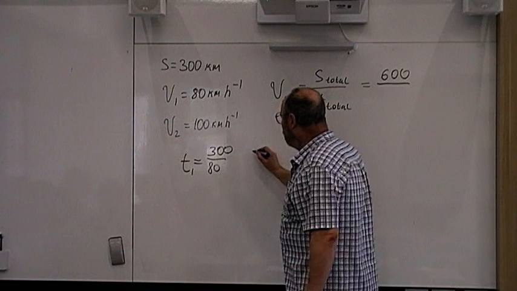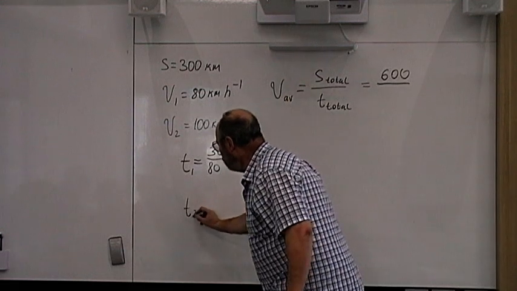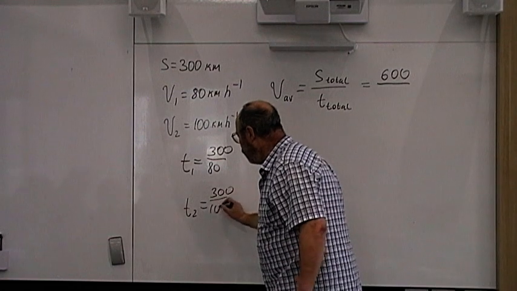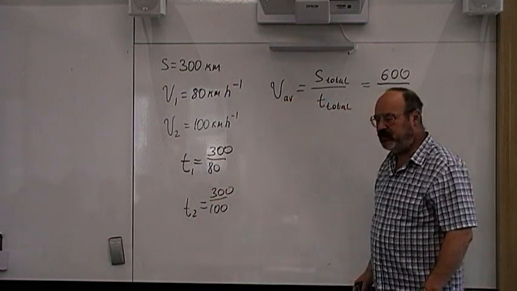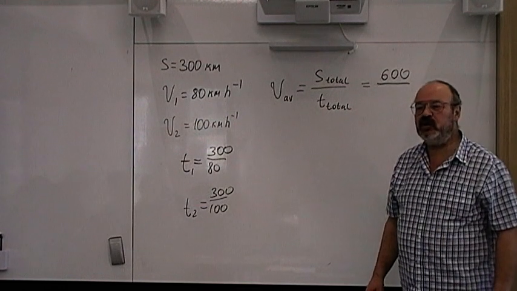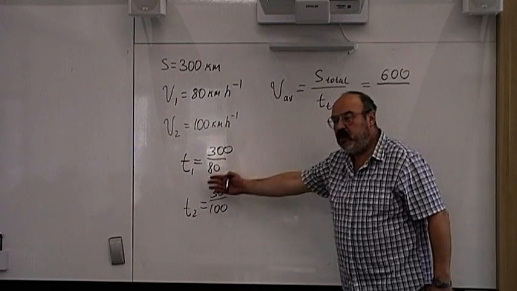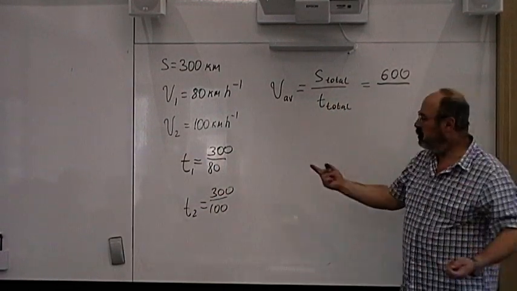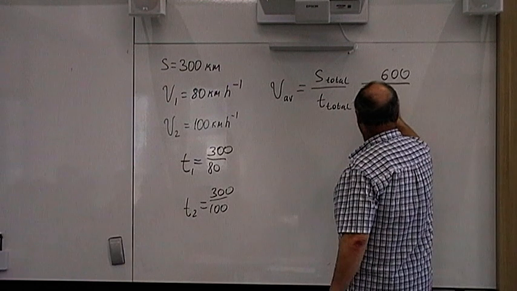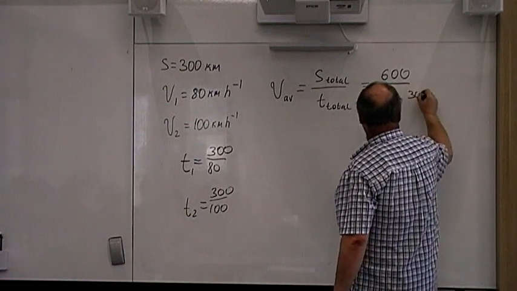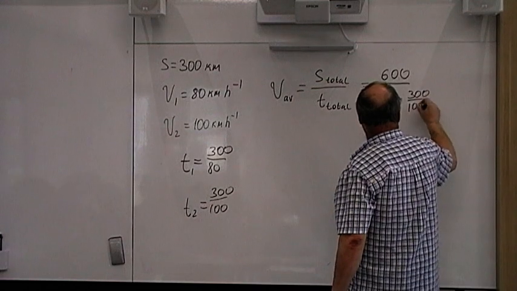What is the time backwards? 300 divided by 100, distance over speed. What will be the total time? We need to add them together. This is the time one way, this is the time backwards. Let's add them together, so we have 300 over 80 plus 300 over 100.